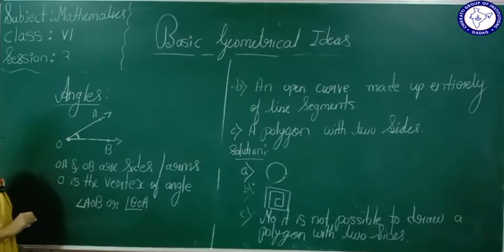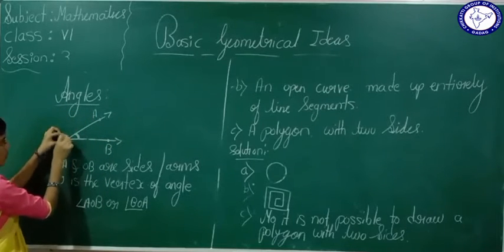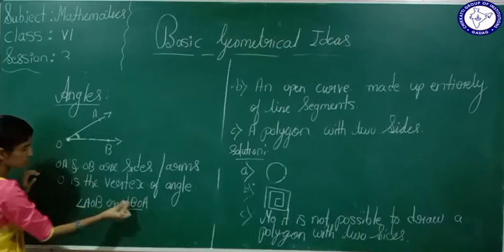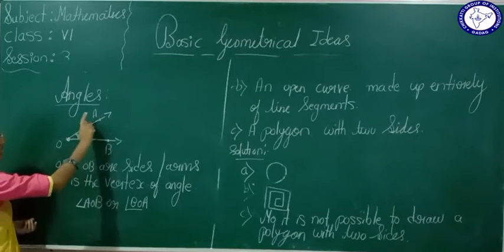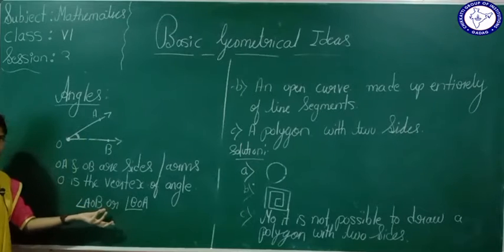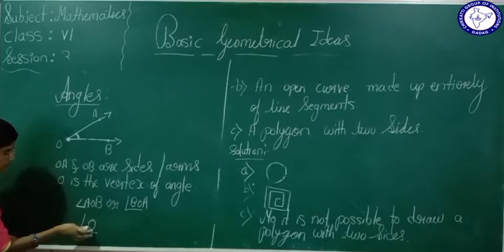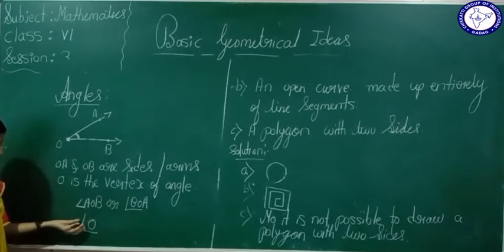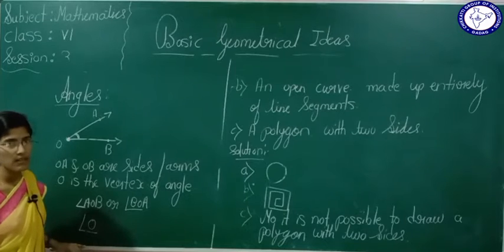Why are we going to call this a vertex here? These two rays are meeting at this point. This is O. Okay, the vertex you should write in the middle. We can read this angle as AOB or BOA, or simply we can write like this also. If we write the vertex alone, we name it angle O. We can read it as angle O.